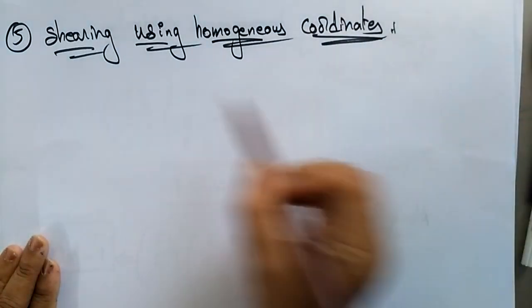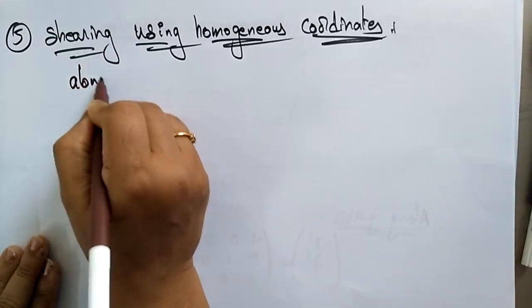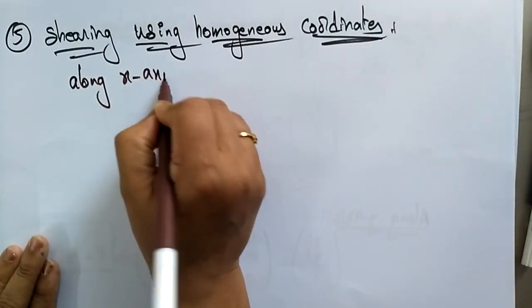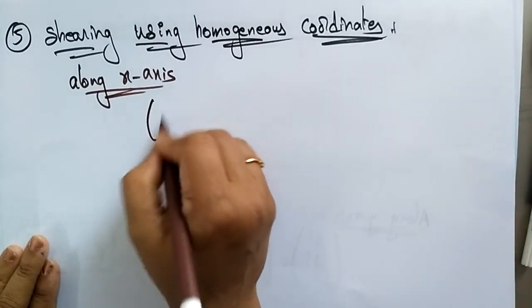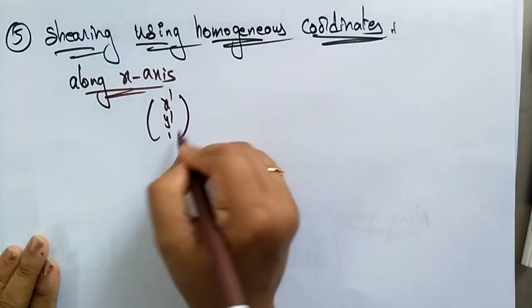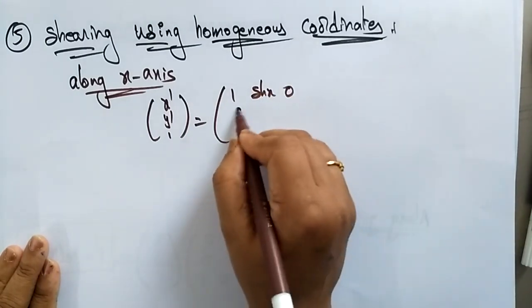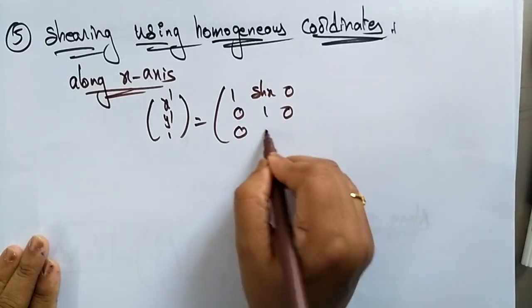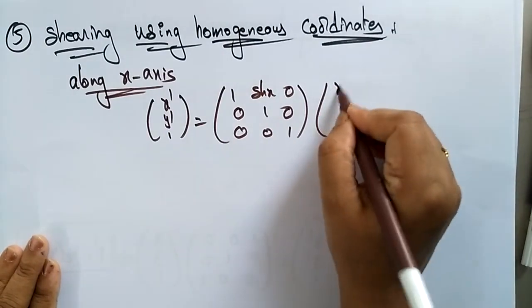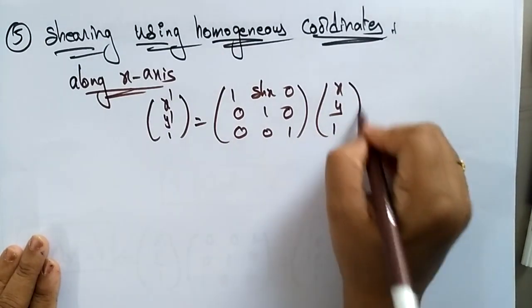Here also we have it along the x-axis and y-axis. Along the x-axis, the formula is x dash, y dash, 1 is equal to the matrix 1 shx 0, 0 1 0, 0 0 1, times x, y, 1.